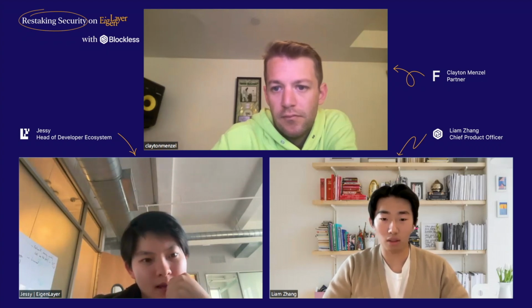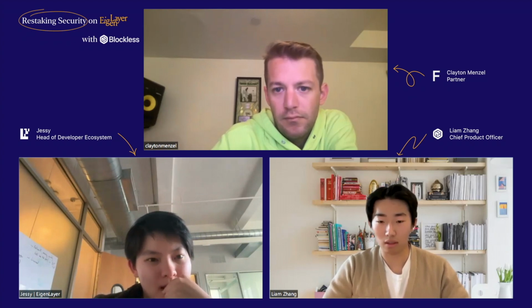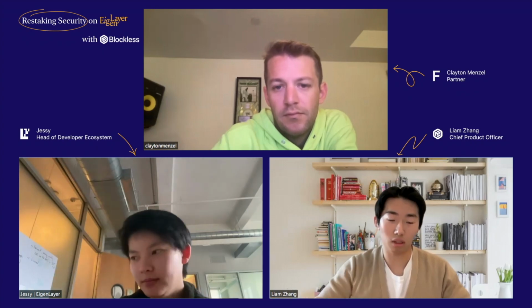But as EigenLayer and Blockless, we are working to refine the matchmaking process, because this is really the key to onboarding the next million developers into the restaking collective and Web3 at large. Clay, you must know, with your extensive experience at Figment as an operator, this manual process is great in that everyone gets to understand each other's risk preferences and reward preferences.